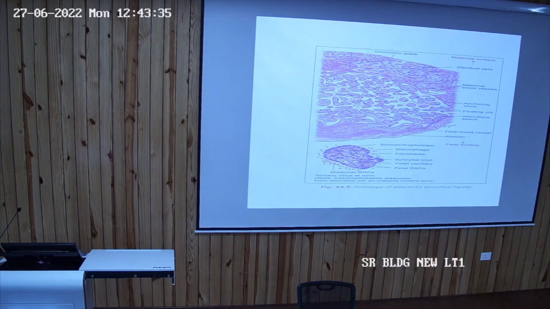The point is this: when we focus the slide, we will see a large number of chorionic villi. And see any one chorionic villus. These chorionic villi are surrounded by the trophoblast, and inside the lumen of the chorionic villus you will find the fetal blood vessels. I am repeating again: a large number of chorionic villi are there.